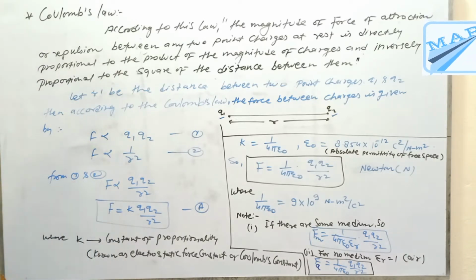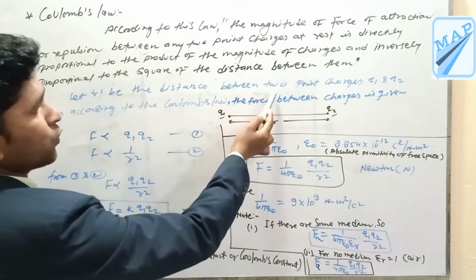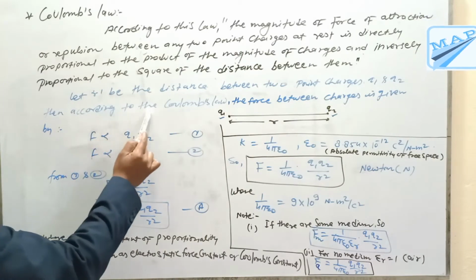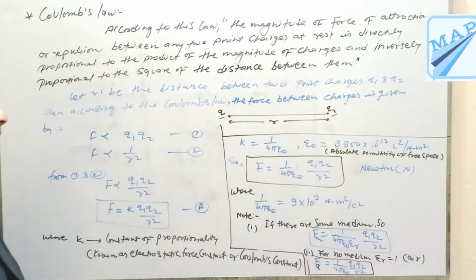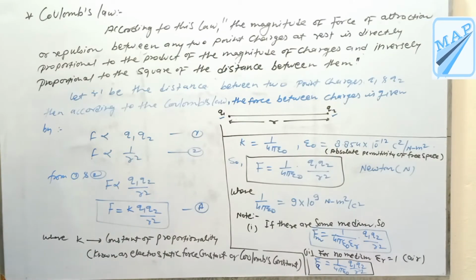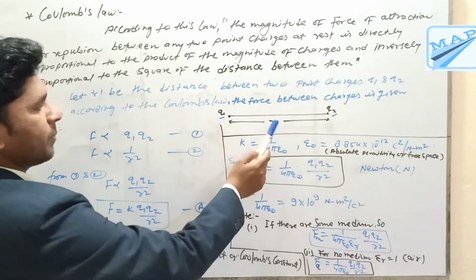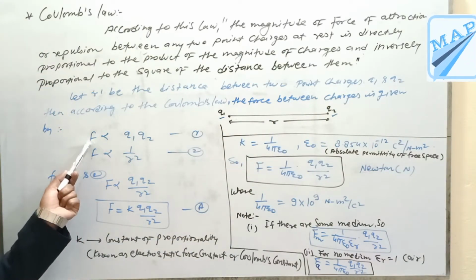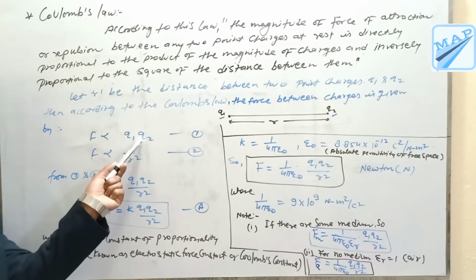Let R be the distance between two point charges Q1 and Q2. Then according to Coulomb's law, the force between the charges is given by the following. You have two point charges Q1 and Q2 and the distance between them is R. First condition: force is directly proportional to the product of the magnitudes of the two point charges.